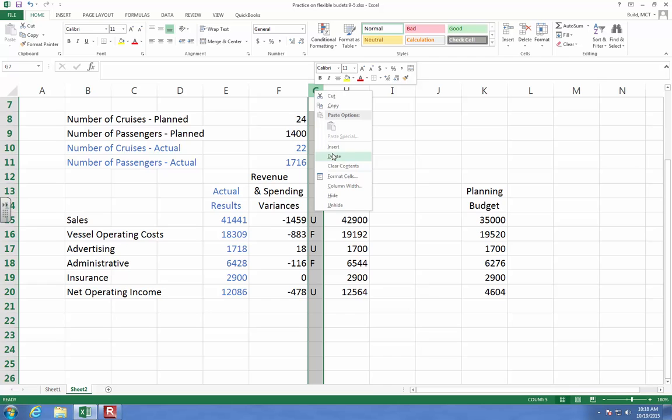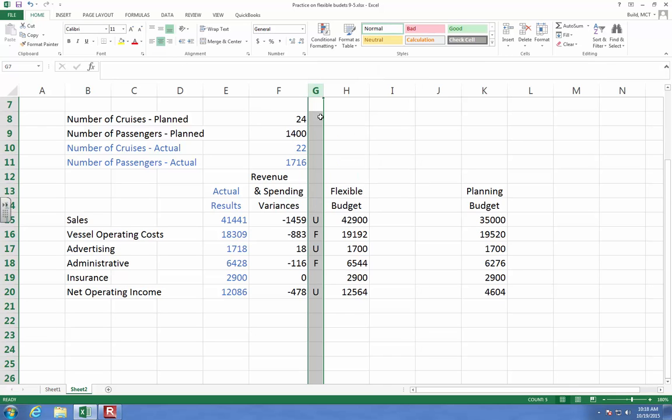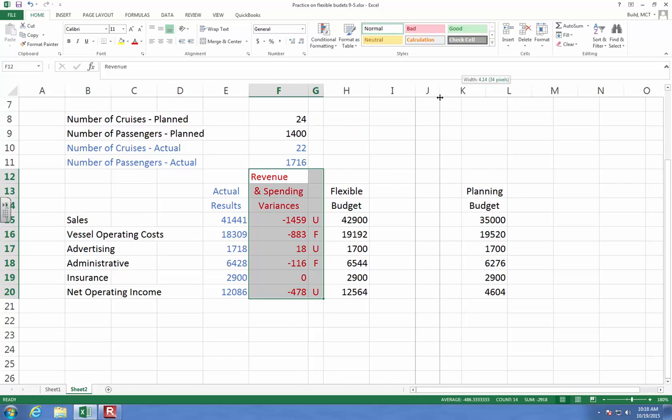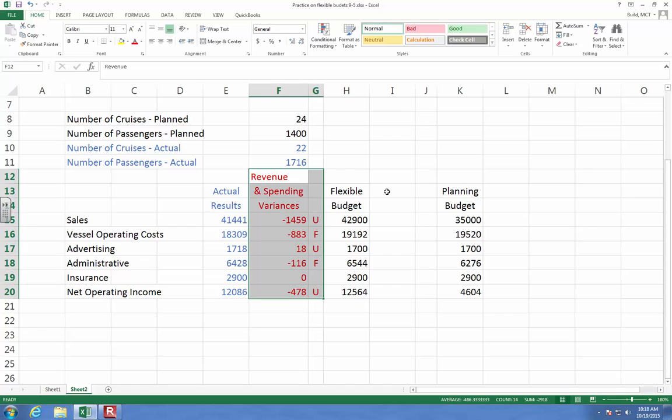So let's do the next set, and then we'll talk about the responsibility piece. Okay, so what's the difference then between the flexible budget and the planning budget? That's called what?